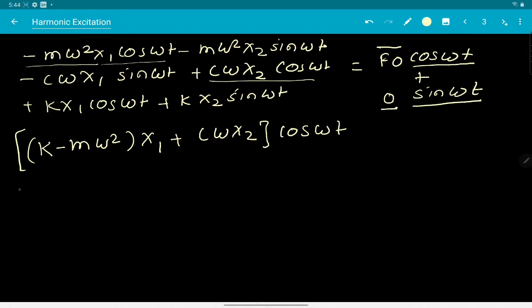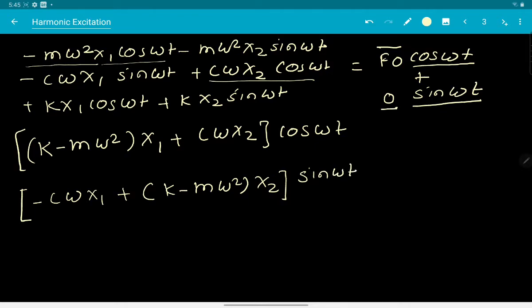Now let's consider all those terms which have sine in them. Those are minus c omega x1 plus k minus m omega square into x2, times sine omega t, is equal to f0 cosine omega t plus 0 sine omega t.